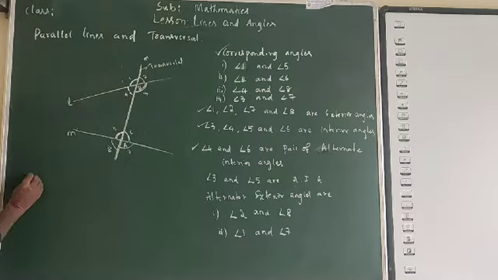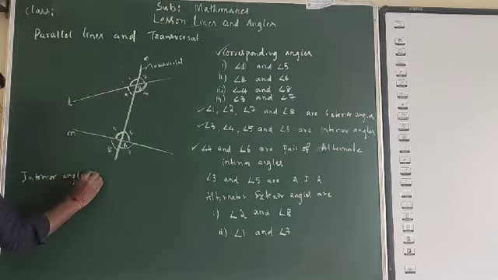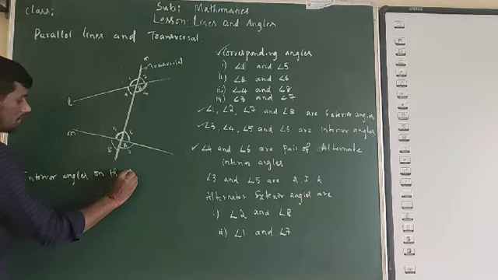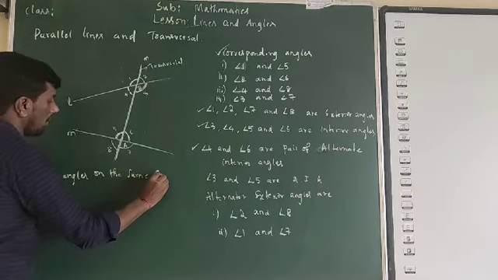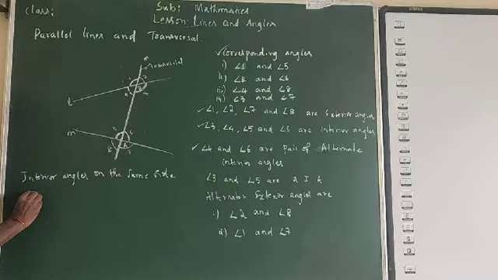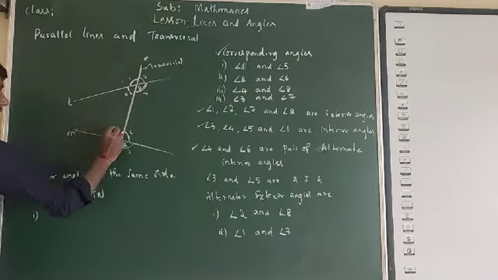So angle 4 and angle 5 are interior angles on the same side of the transversal.